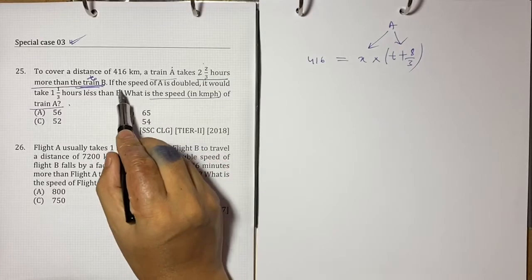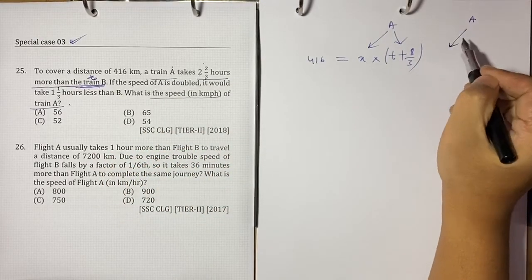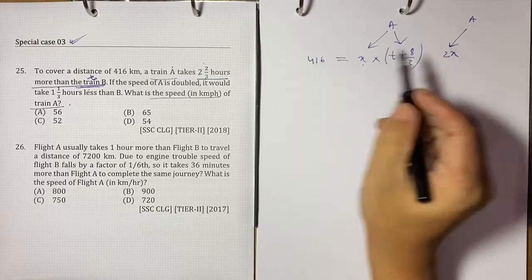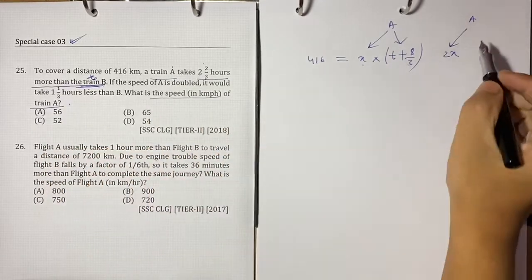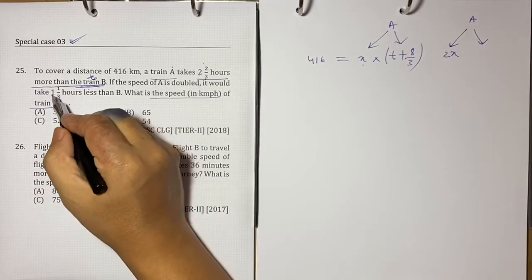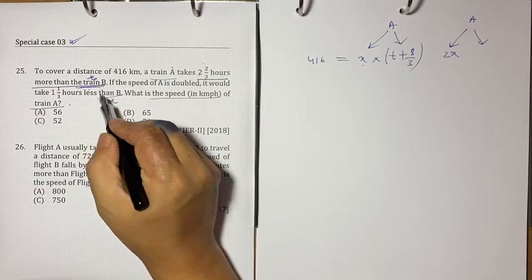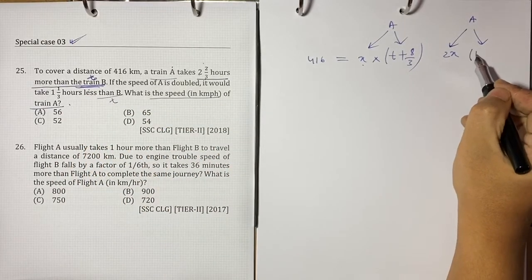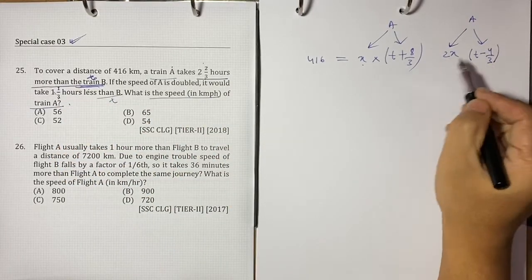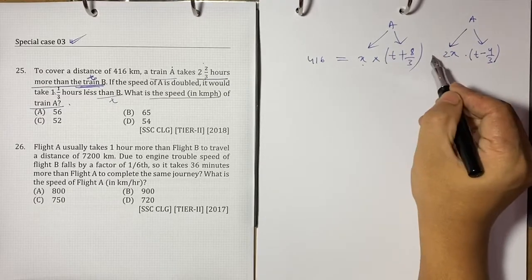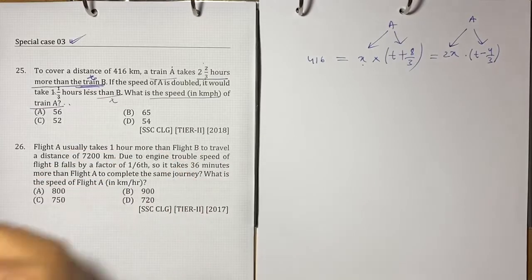If the speed of A is doubled, it becomes 2x, into the time. It would take 4 by 3 hours less than B's time t, so the time will be t minus 4 by 3. So distance equals speed into time.